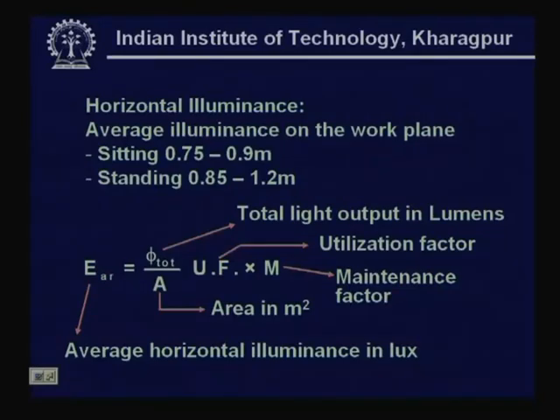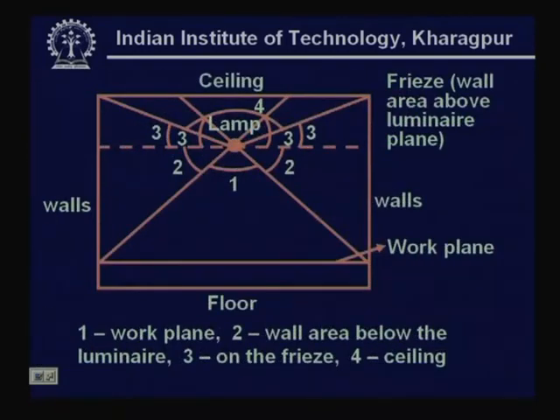Therefore, E average, which is given by phi total by A, is multiplied by two factors, utilization factor and the maintenance factor. The area in question here depends on the work plane, which could be around 1.2 meters from the floor if you are looking at an operator working standing, and could be anywhere from 0.75 to 0.8 for sitting at a table.